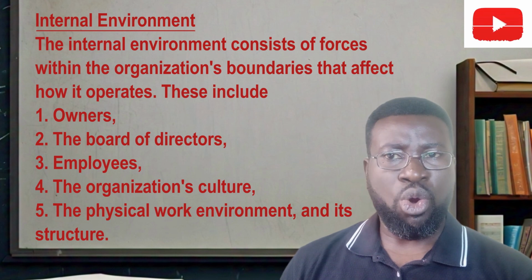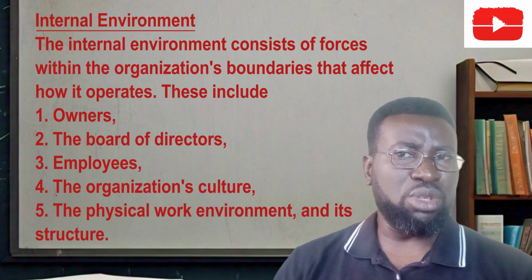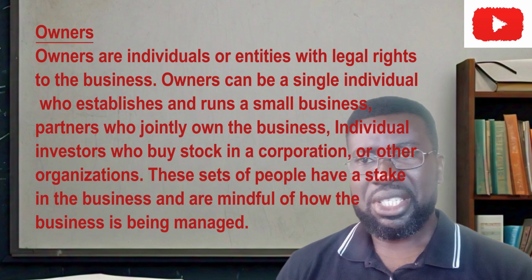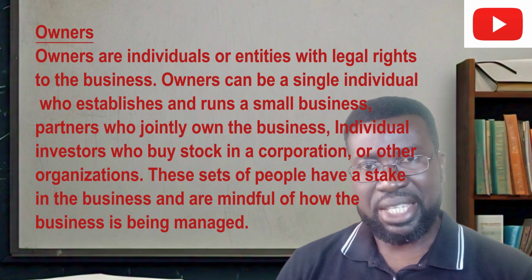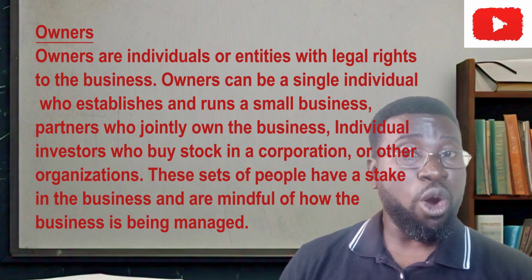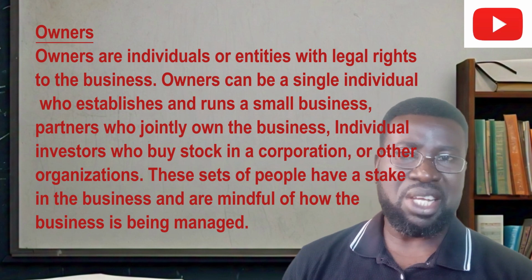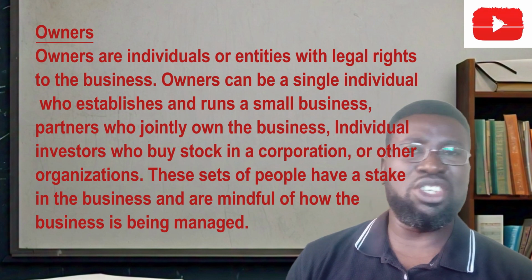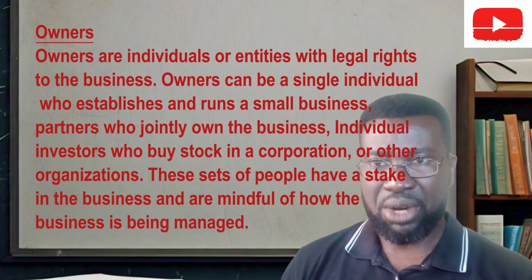Owners are individuals or entities with legal rights to the business. Owners can be a single individual who establishes and runs a small business, partners who jointly own businesses, or individual investors who buy stocks in a corporation or other organizations. This set of people have a stake in the business and are mindful of how the business is being managed. Of course, owners are part of the internal environment.